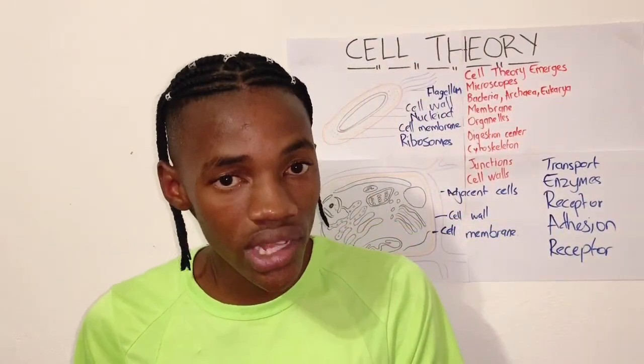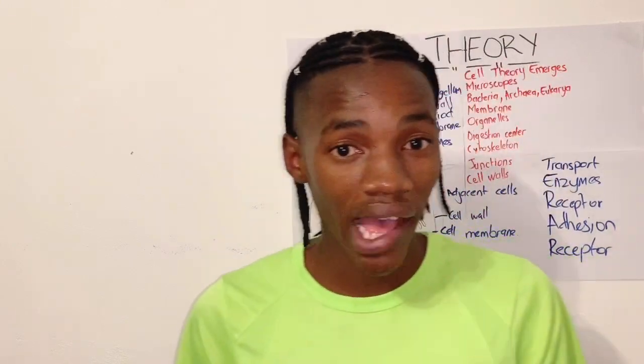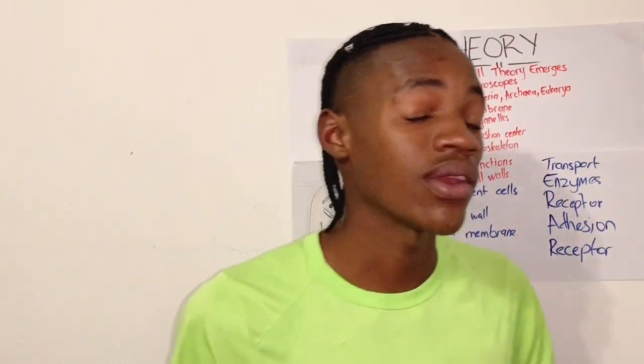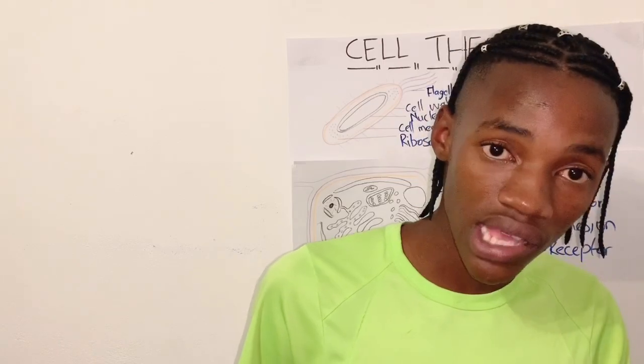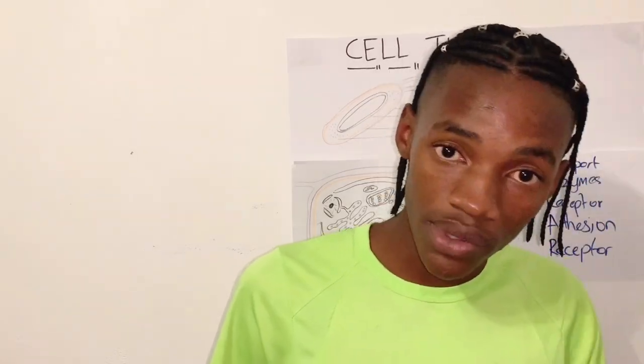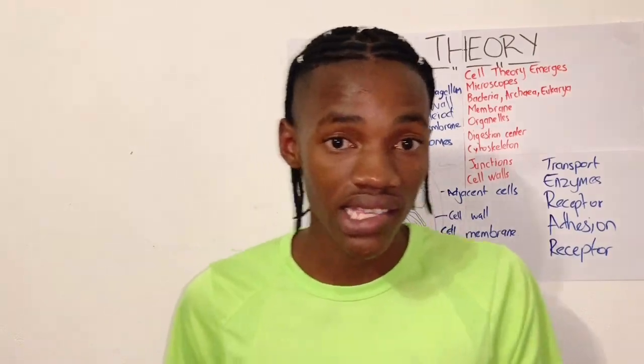Then it reaches the endoplasmic reticulum, whereby proteins are made. Then after the proteins are made on the ribosomes of the rough endoplasmic reticulum, they move to the smooth one, where lipids are synthesized and made.